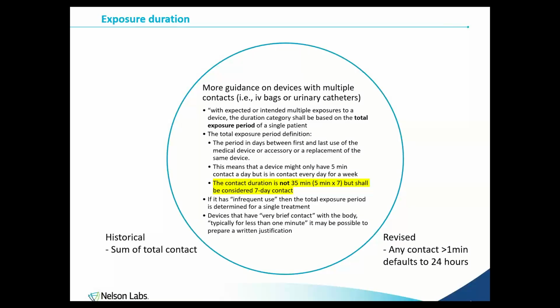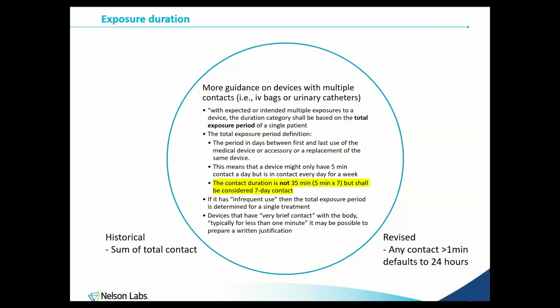The third thing we're going to talk about is exposure duration. There wasn't much guidance in the past in 10993 about it. It just talked about less than 24 hours is limited, 24 hours to 30 days is prolonged, anything over 30 days is long-term contact.